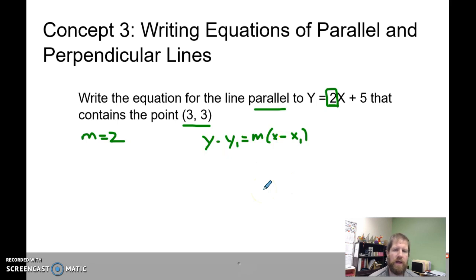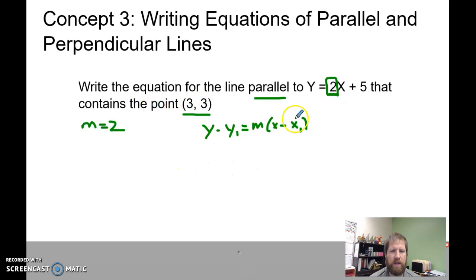Or we can start by using slope-intercept form and solve for the intercept. Both are valid ways to do it. You're just going to choose whichever one is more comfortable to you. So let's start with the point-slope form.